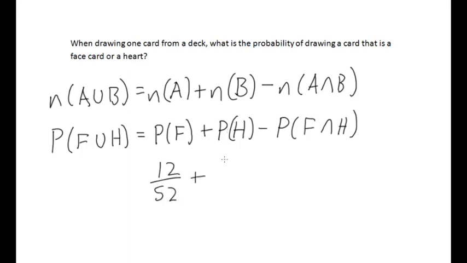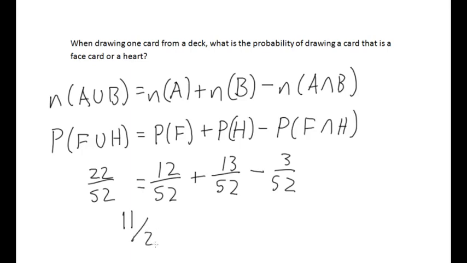Probability of drawing a heart, we saw that there were 13 of those out of the 52 cards. And then the probability of drawing a face card and a heart, those were the 3 cards that we double counted. So that's 3 out of 52. And so we can see that this union here would be 22 out of 52, which we could reduce to 11/26.